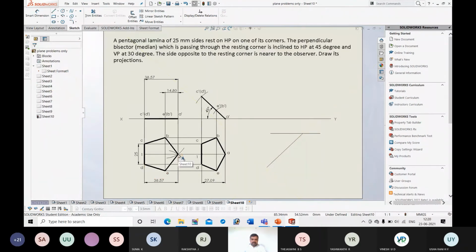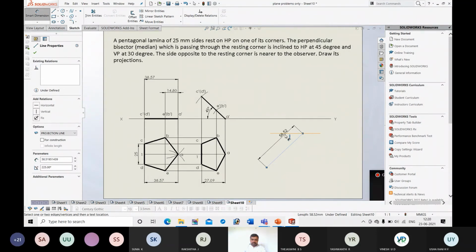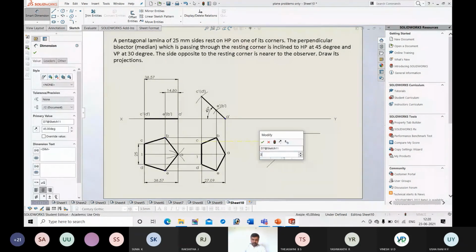So using compass, take the distance between A and 1, the true length of the perpendicular bisector, 38.57.